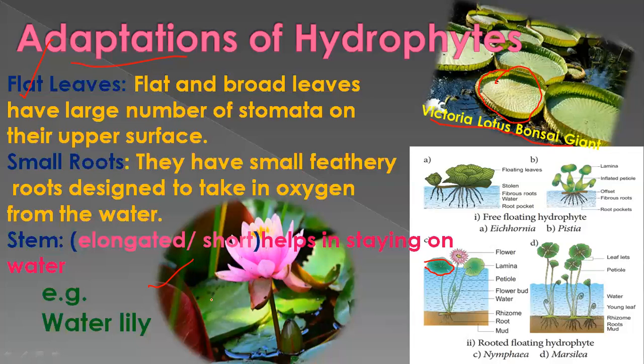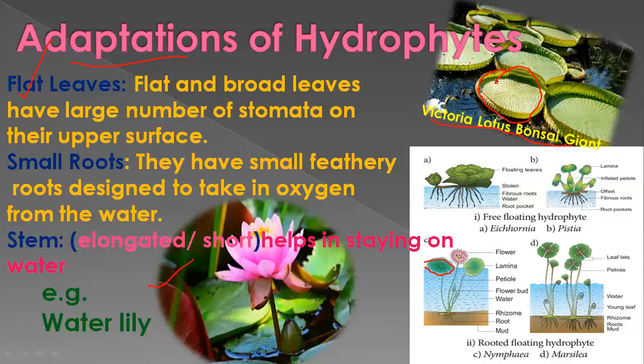And they have more stomata on the upper epidermis of the leaves. As we know, in other plants the stomata are present under the leaves, but under the leaf they are in contact with the water, so there are very few stomata there, and water is absorbed through them.